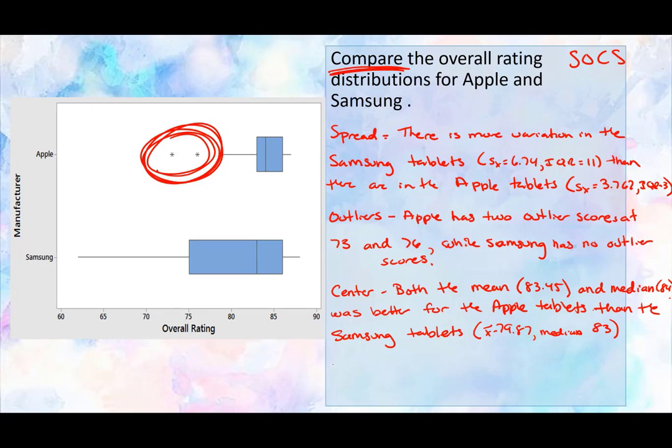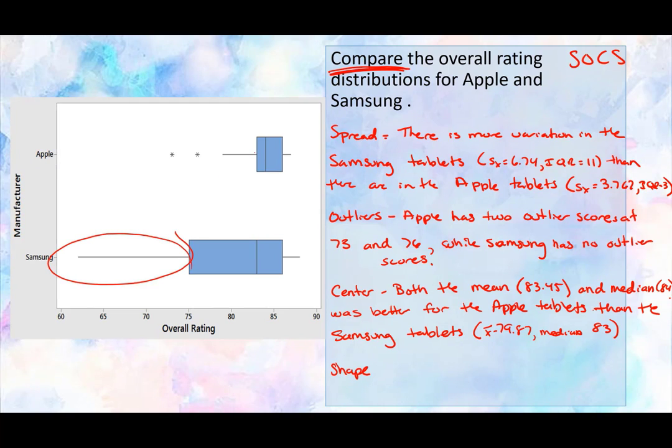And last but certainly not least, let's talk about the shape. Now, if we look at the shape of these two graphs, we can see that there's not a lot of information over here. These are giant tails, right? So we can actually see that these are skewed to the left. They're both skewed.